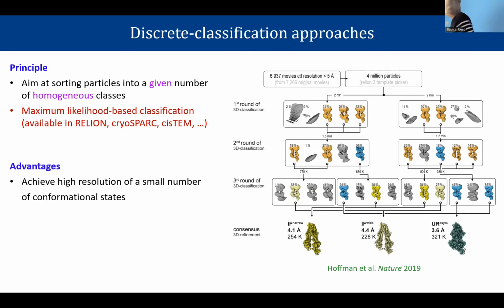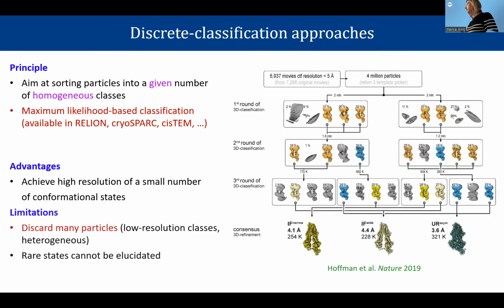So the advantage of these discrete classification methods is that they are able to achieve high resolution for a small number of conformational states, but they will discard many particles.